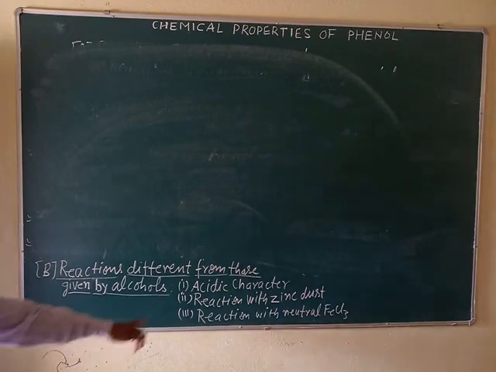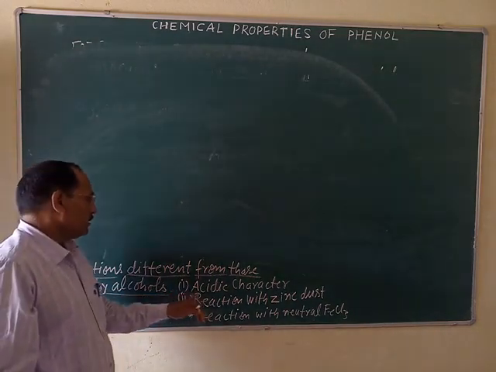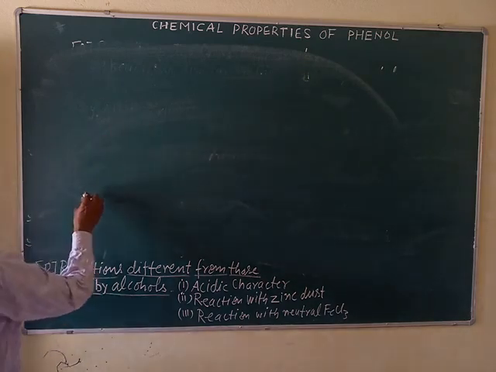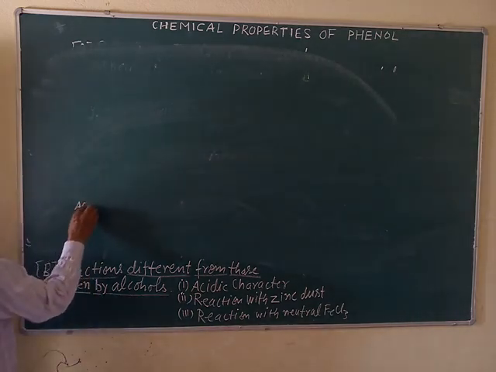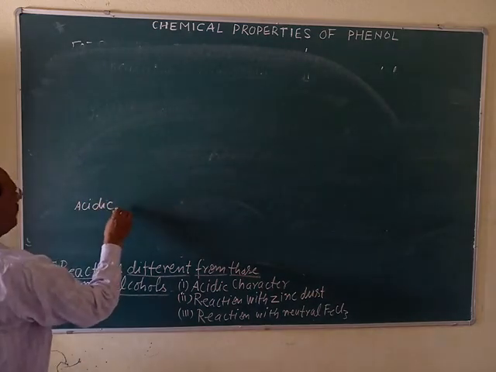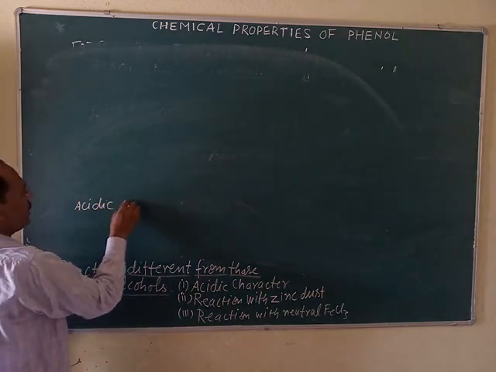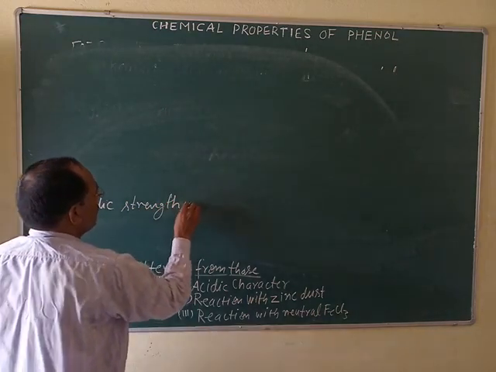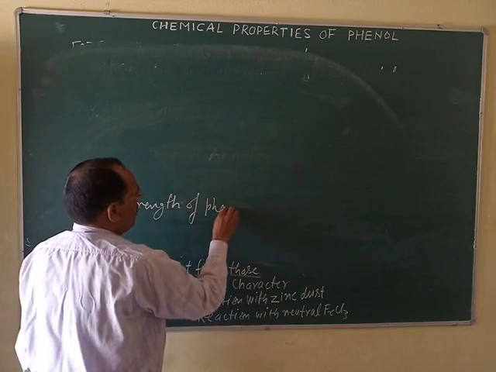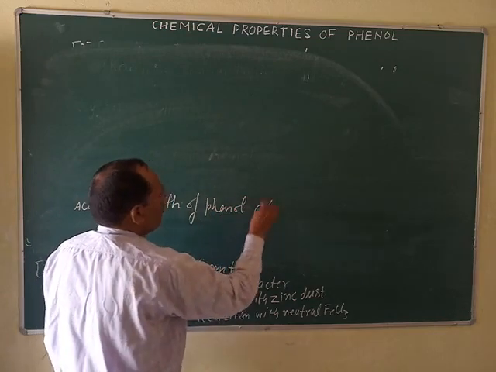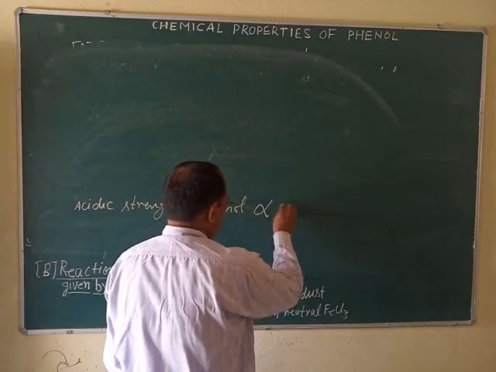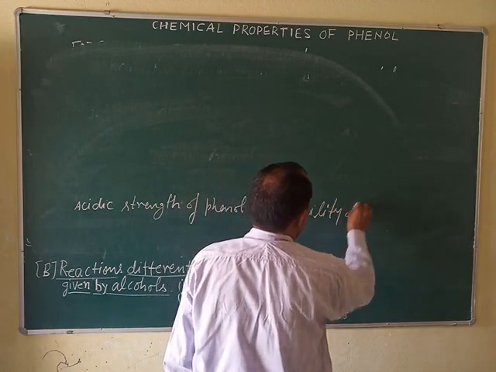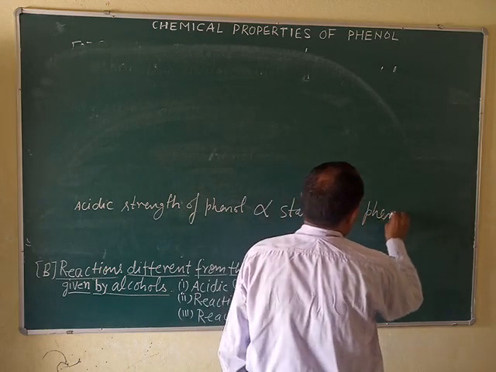In this case, the first property of phenol is the acidic character of phenol. The acidic strength of phenol is directly proportional to the stability of the phenoxide ion.